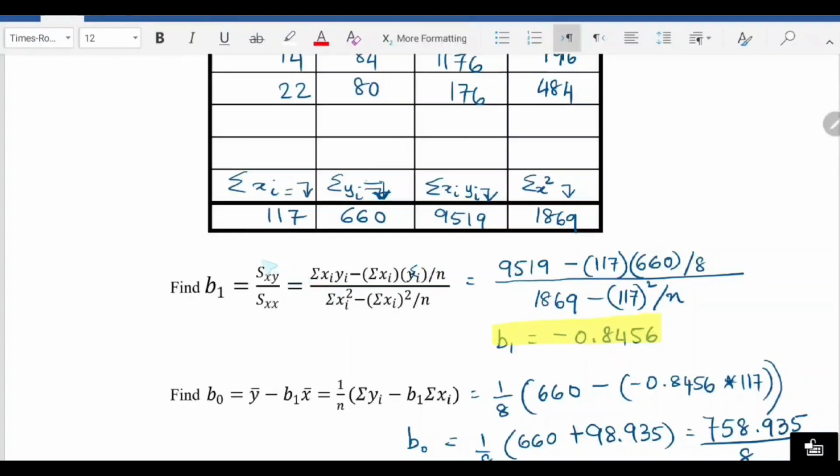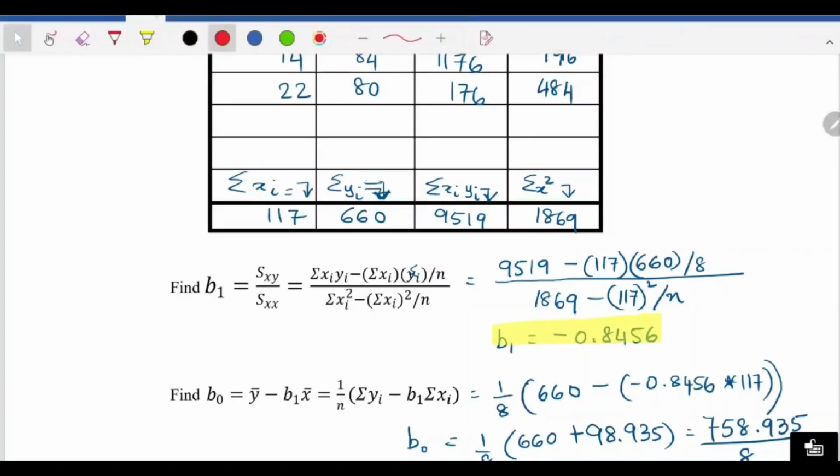However, to calculate s sub xy, the formula we'll be using is sigma x sub i times y sub i minus sigma x, and then this one is actually sigma y sub i. So let me just insert that somewhere here.